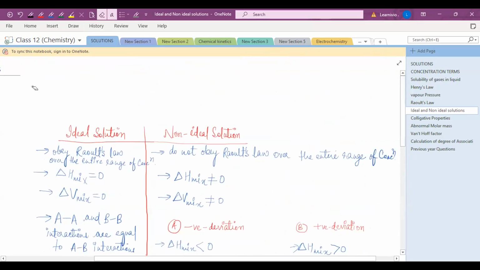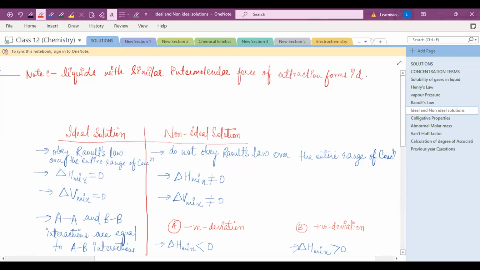Liquids with similar intermolecular force of attraction form ideal solutions. Okay, ideal solution. For example, just like benzene, right?